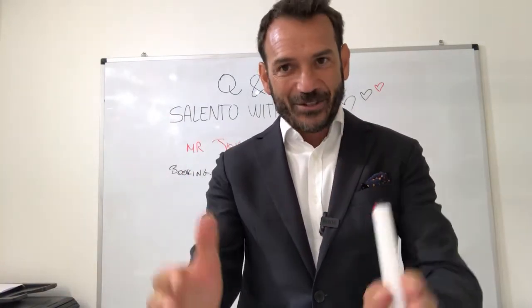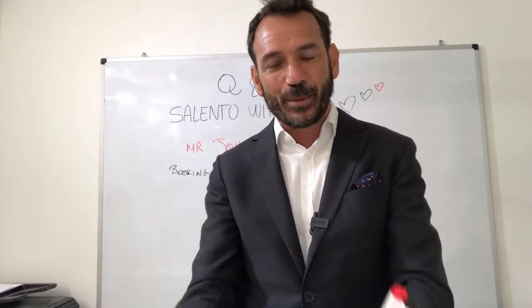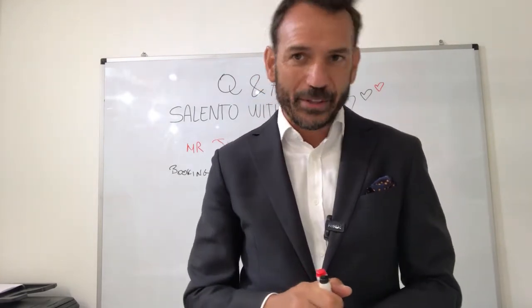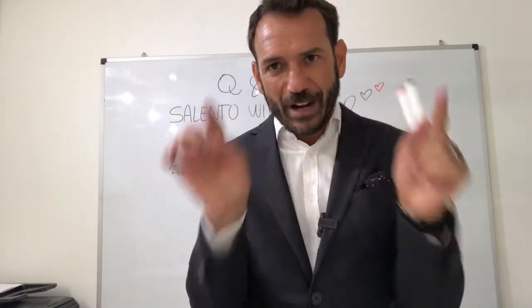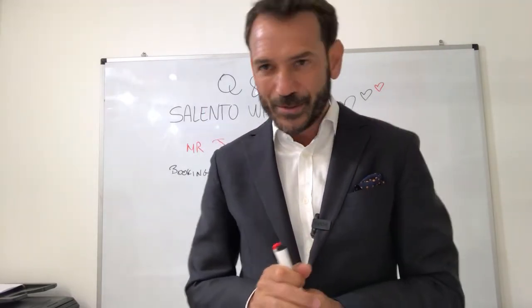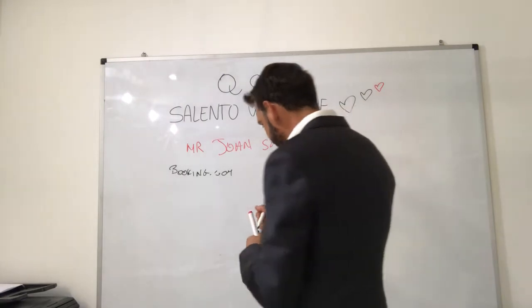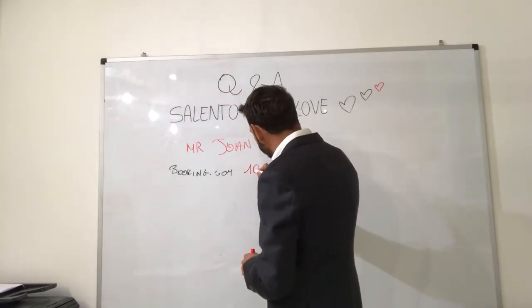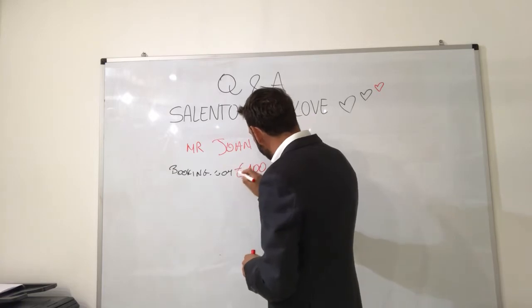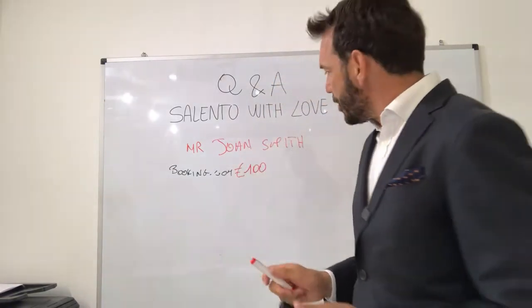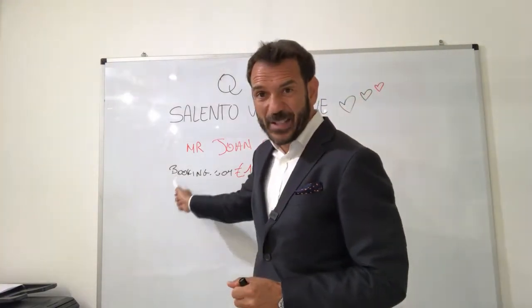So let's imagine now that John Smith has put the property on Booking.com for €100 per day. Okay, we work with round numbers, so everything is much easier. So he rents his property for €100 per day. Booking takes a percentage.